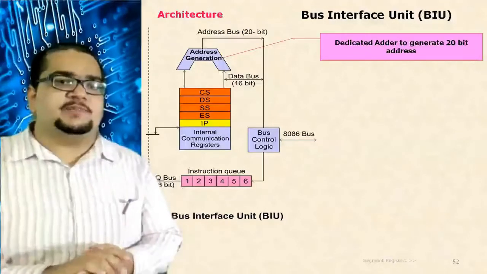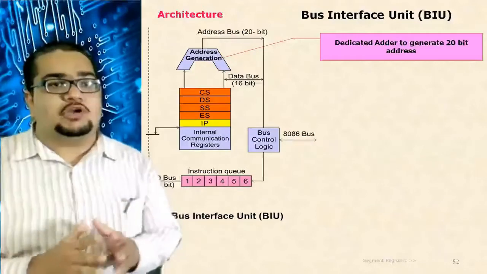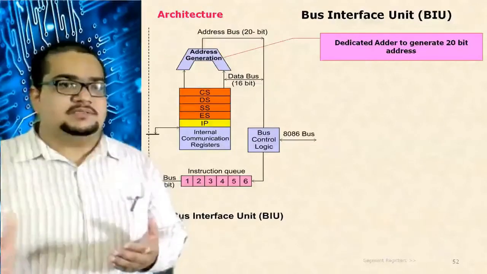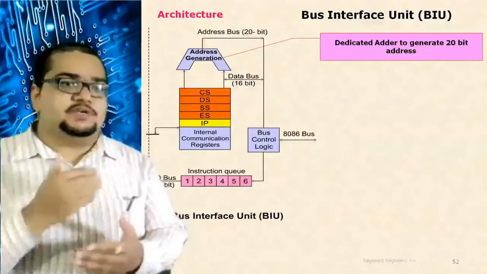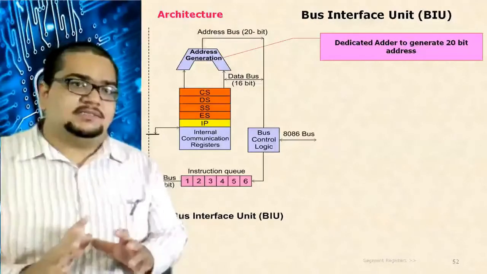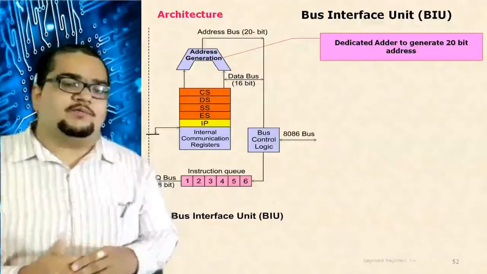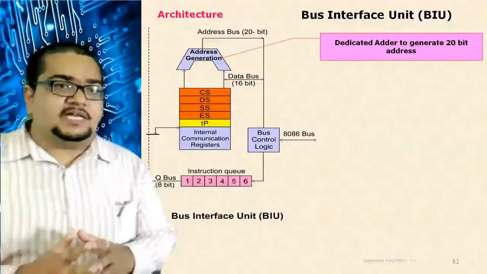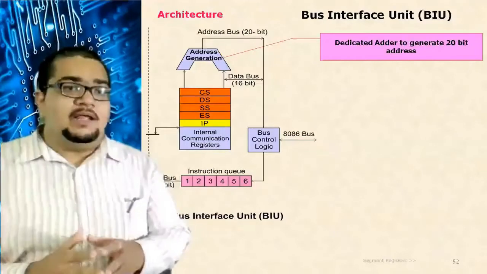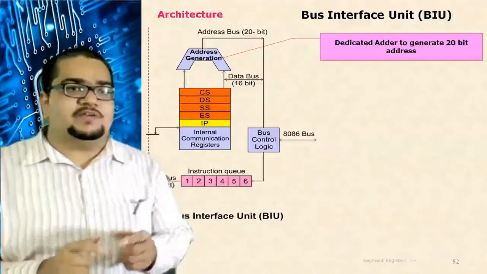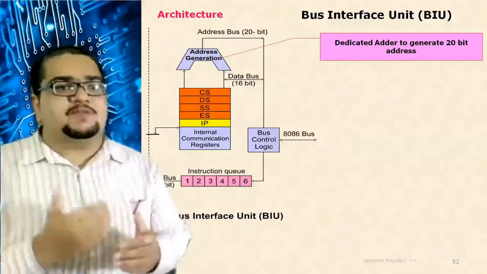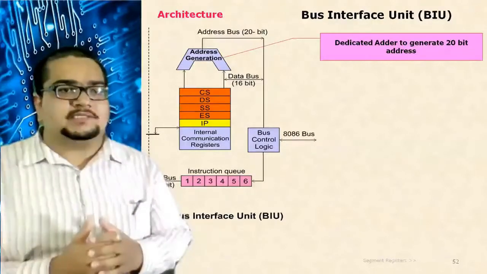Stack is one arrangement, and the other arrangement is called a queue. In a queue, whichever you entered first will exit first, and whichever you entered last will exit last. So these two types of arrangements exist. In memory, we have the stack arrangement of data, but in the bus interface unit we have a queue, in which the instructions are pre-fetched for ease of access.